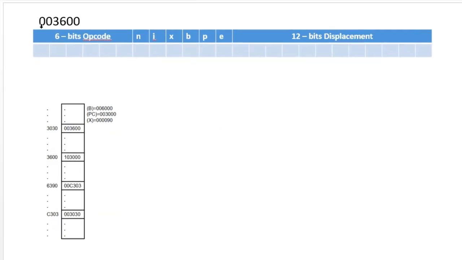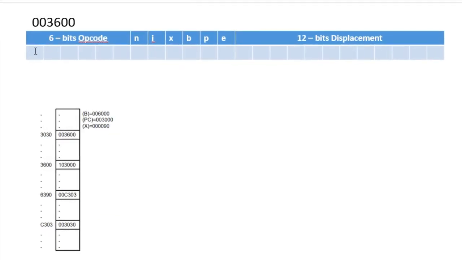That's it. Here is our next example. Convert this value to binary first. 0 is 0000, 0 is 0000, 3 is 0011. And the remaining 12 bits I'll keep as it is. It is 600. Let's keep this displacement part as it is.